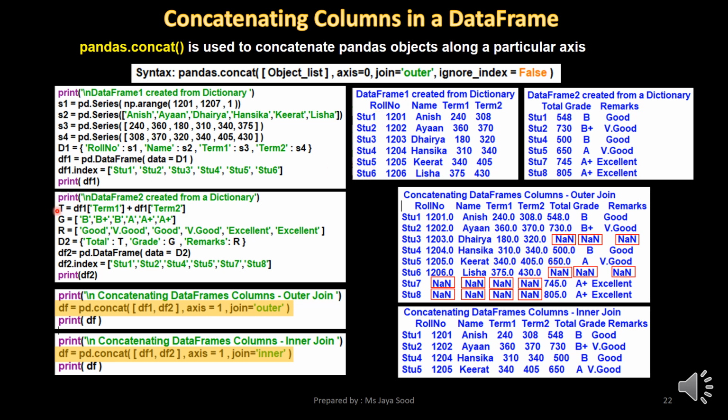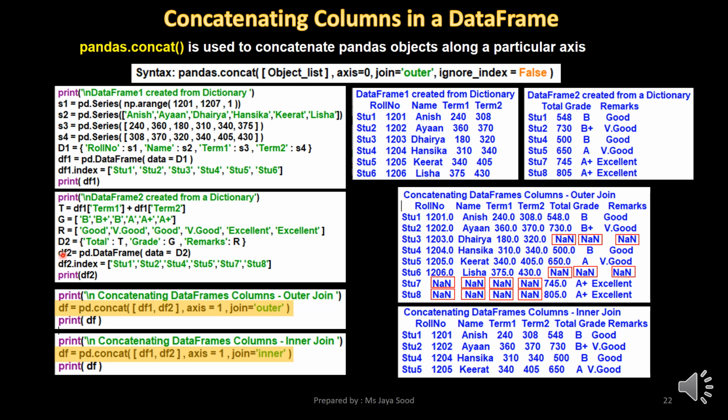T is created by adding the columns term 1 and term 2 from the data frame object df1. G is a list of grades. R is a list of remarks. D2 is a dictionary with the keys total, grade and remarks, and the lists T, G, R are the dictionary values.